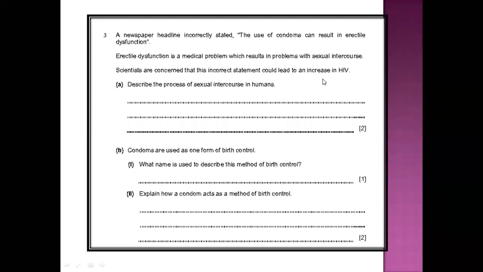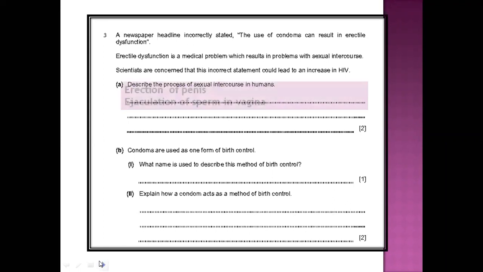One of the students asked me, sir, you are using the term sexual intercourse in your lecture, but what is the meaning of it? So let us do that. Describe the process of sexual intercourse in humans. What is that process?